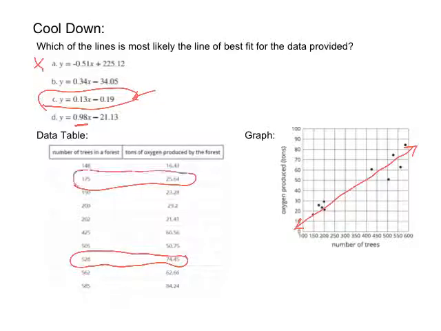And you could calculate the slope. You could take y, 74.45, minus 25.64, and divide it by 528 minus 175, and you'll get closer to 0.13. The other thing is if you do use Desmos, you will get this.